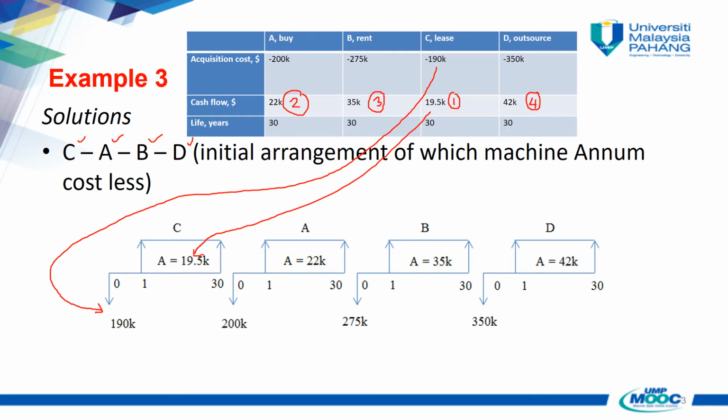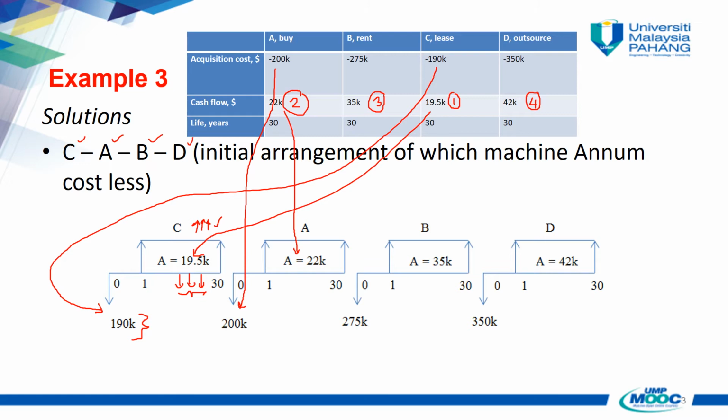It is not at the bottom of our cash flow diagram, because that is where we use money. If it shows upward, it means that we gain money. Then A will be buying at 200,000, and the cash flow each year will become 22,000 for 30 years.